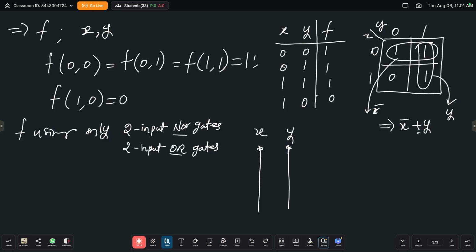Before, you have X bar, after, Y. So before that, one more operation should be performed, that is X bar. X bar will be taking complement. How to complement? Use NOR gate. Yes or no? From where do you want NOR gate? NOR gate only, right?